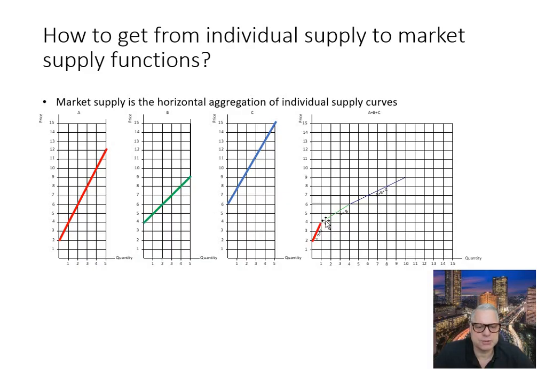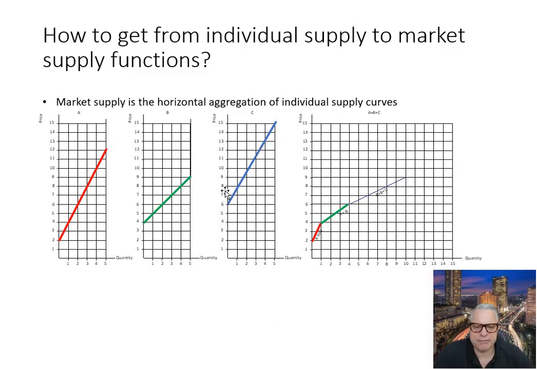That means at the price of 6, we have a total quantity supplied of 4. So here the supply function gets a kink, because 2 come from A and another 2 come from B.